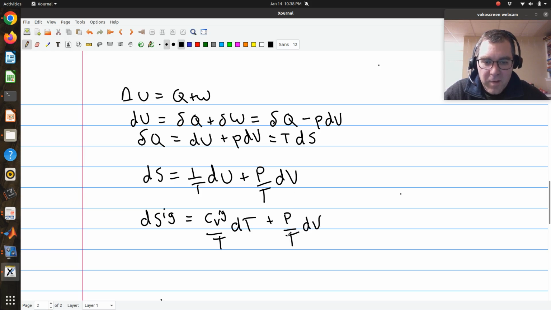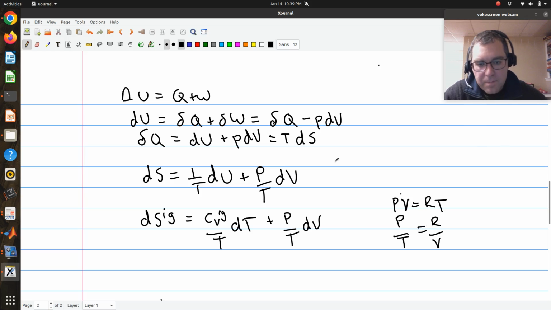I'm going to simplify this term before I integrate it, because if I integrate from V naught to my volume of interest, I need to know how P over T changes with respect to V. I get that from my ideal gas equation of state, PV equals RT. So P over T is just equal to R over V.